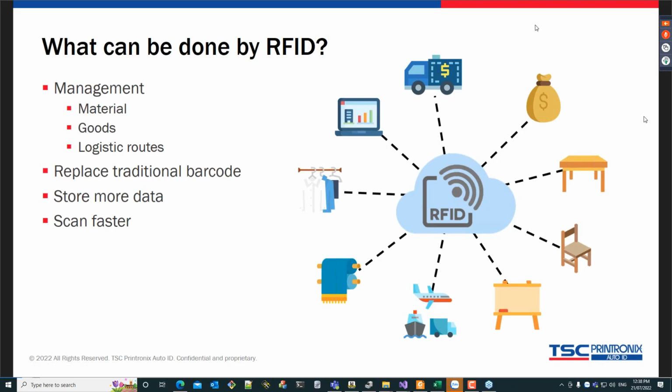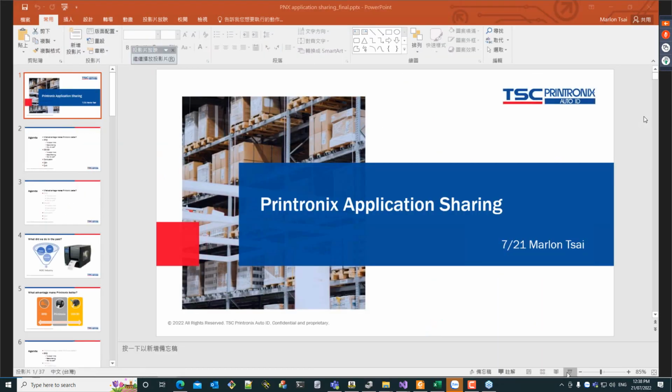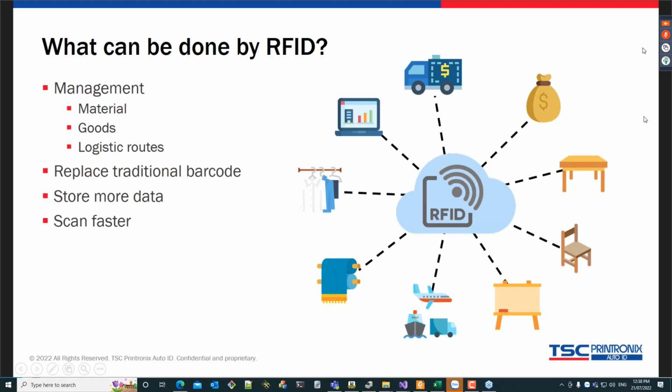And as you can see on the right hand side, we can implement the RFID tags with clothes, logistics, the assets we made, maybe the desks, the chairs, or with transportation in the air or over the sea.